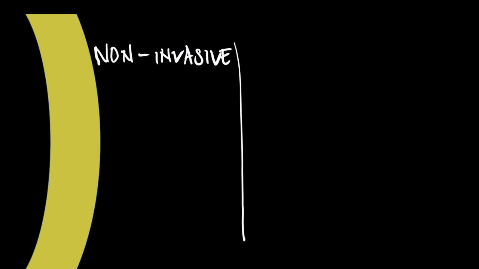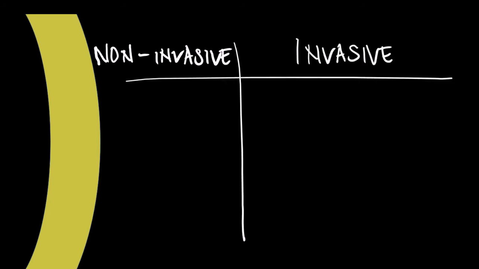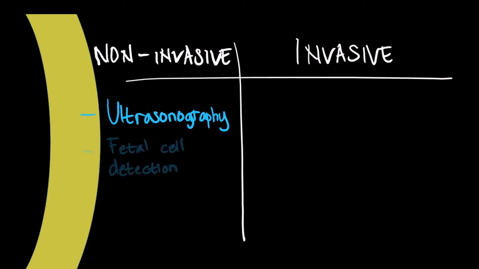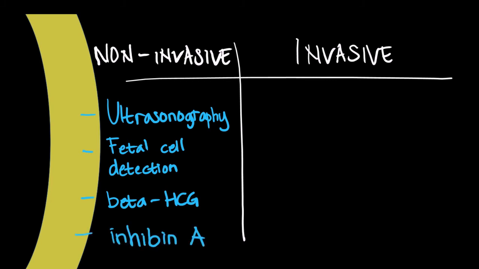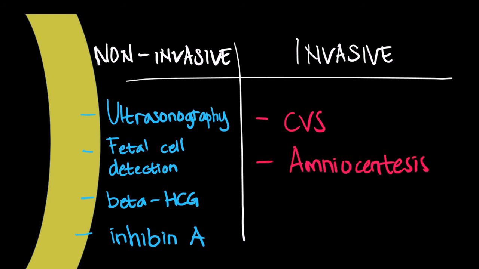We have learned that prenatal diagnostic techniques are divided into two categories, non-invasive and invasive methods. The non-invasive methods include ultrasonography, fetal detection, acquiring maternal serum beta-HCG, and inhibin A detection, while the invasive methods include chorionic villus sampling and amniocentesis.